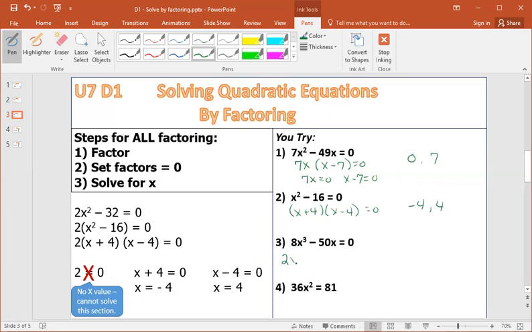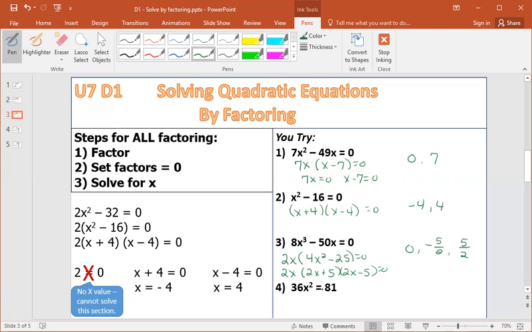So 2x, and that gives me 4x squared minus 25. So I have a 2x, and then I break this down with difference of squares. 2x plus 5, 2x minus 5. So when I set them equal to 0, I should have 0, a -5 halves, and a +5 halves.